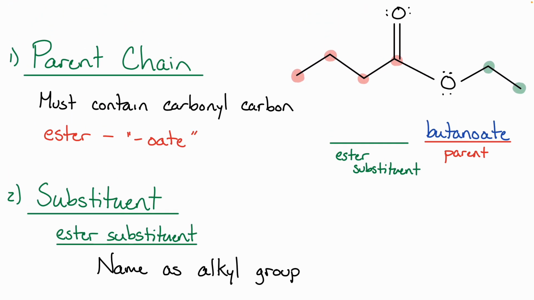So for example here, this 2-carbon substituent would be an ethyl group, and that's exactly what we're going to include in our name, but in a separate word out front, so this would be ethyl space butanoate.